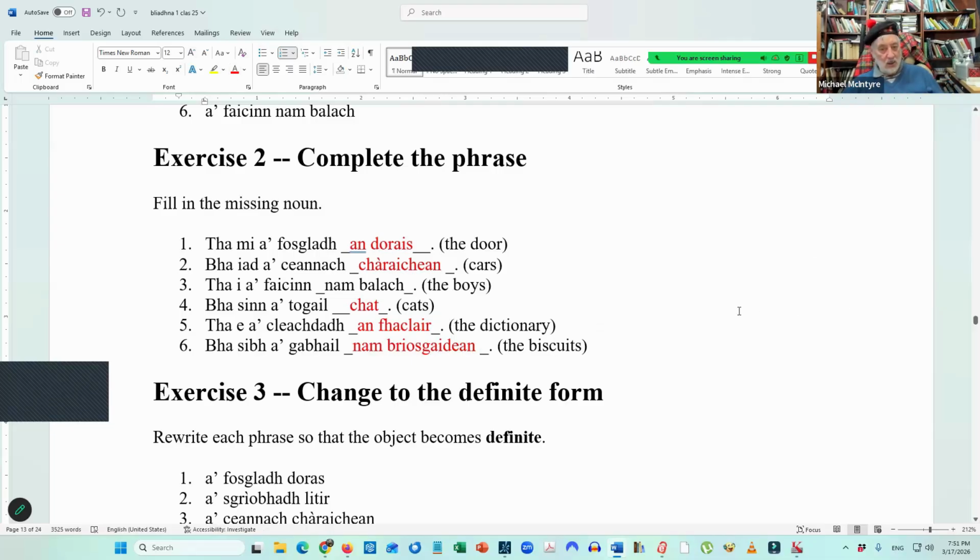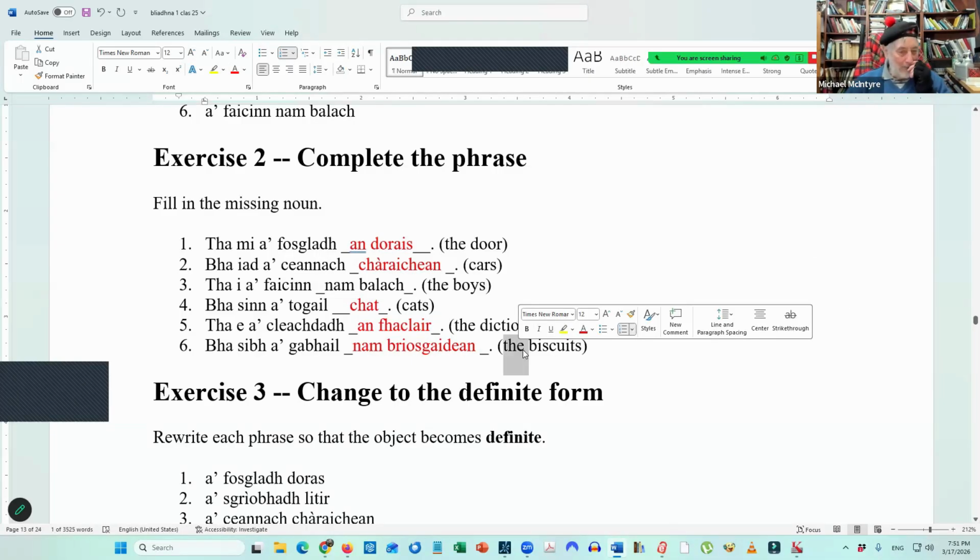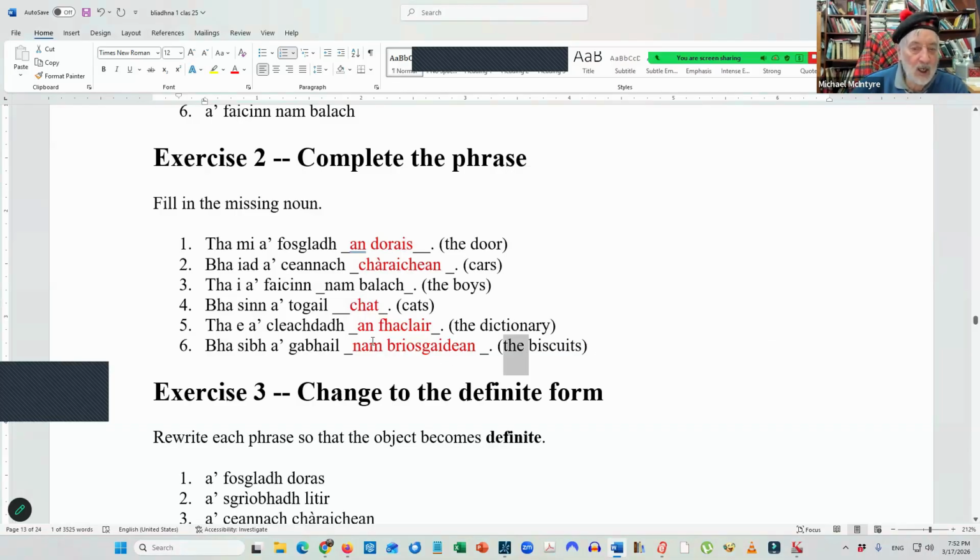So remember, one of the things to get you started, I find sometimes it's helpful just to get a push start on something. If you know it's a "the," you can clue into what it would be. So for the plural, it'll either be nam or none.